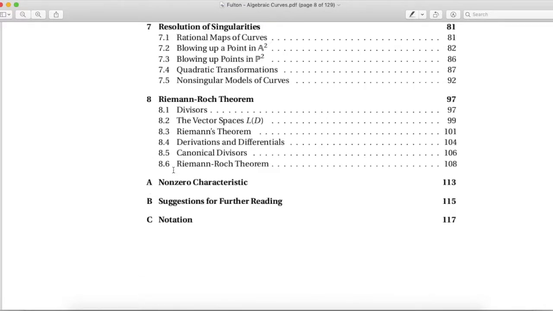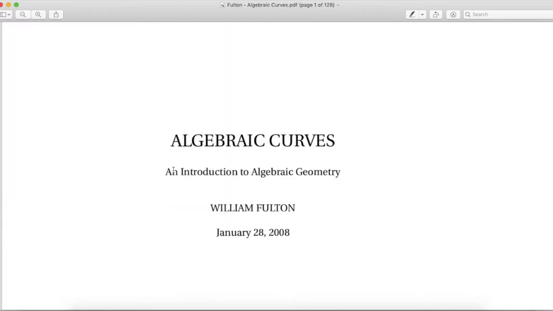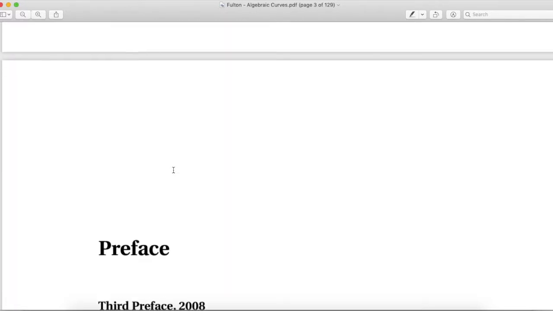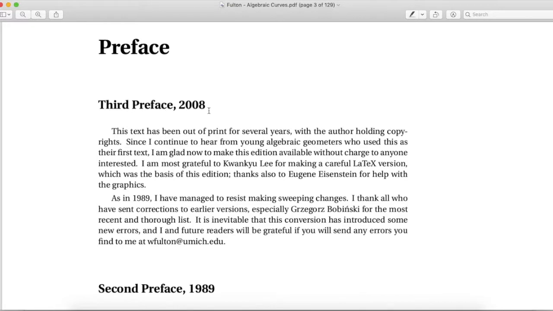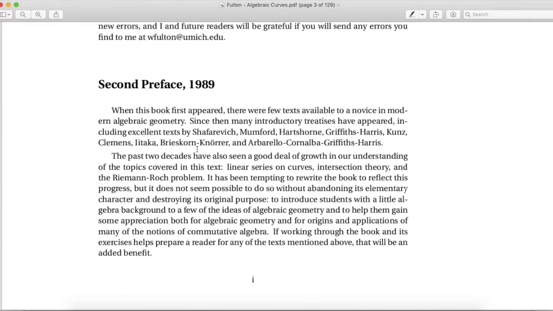So this looks good. Actually, we need to look a little bit at the preface to see what's going on. So this text has been out of print for several years with the author holding copyrights. Okay, that doesn't say anything. When this book first appeared, there were few texts available to a novice in modern algebraic geometry.